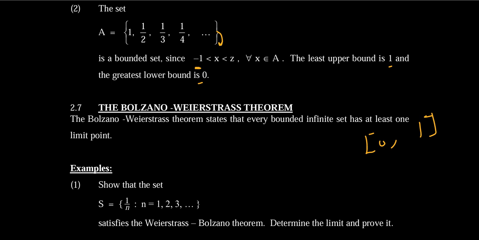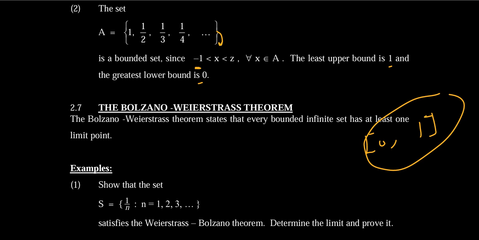If you say there are 2, say 0.5, then I can also say, what about 0.05? Because between any two rational numbers, I can find a second rational number. So although it's infinite, it is bounded, right? What the Bolzano-Weierstrass theorem is saying is that every bounded infinite set has at least one limit point.